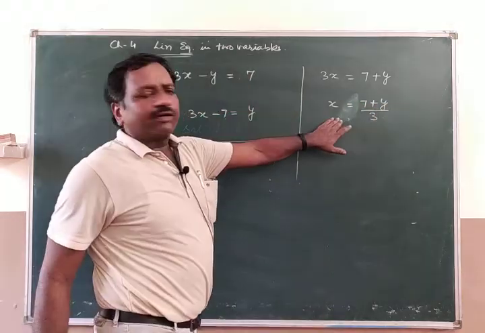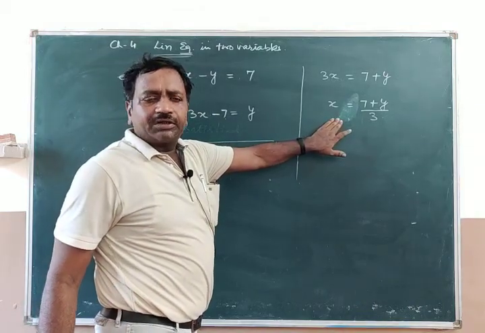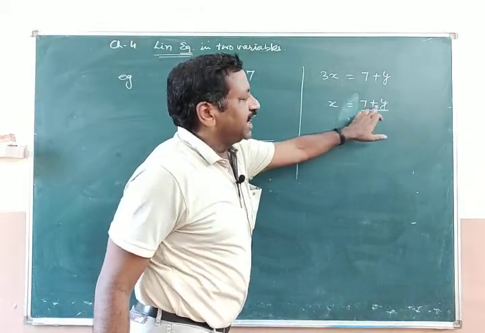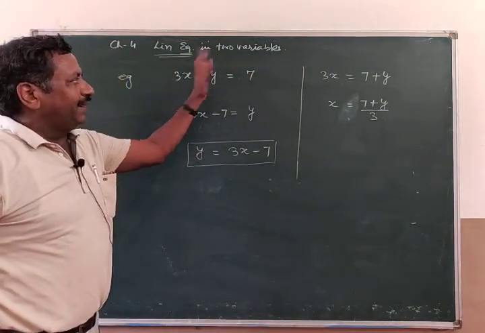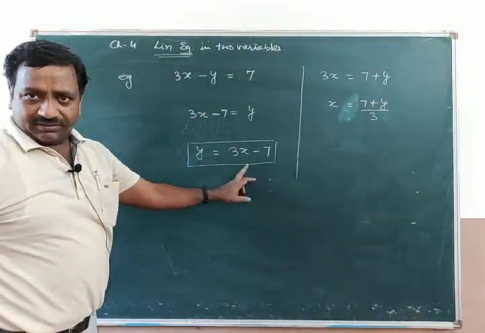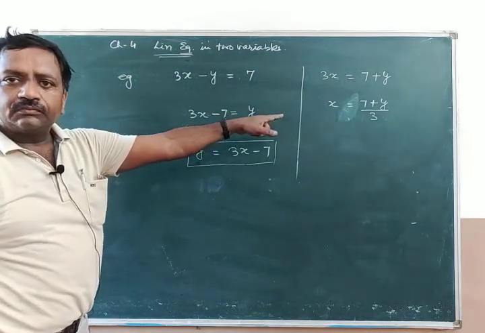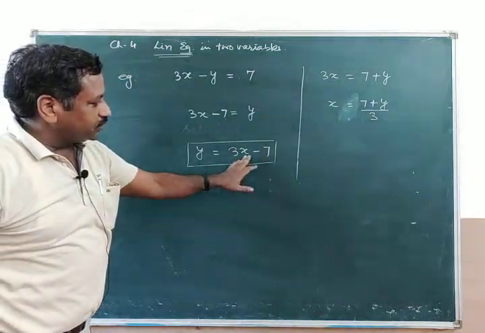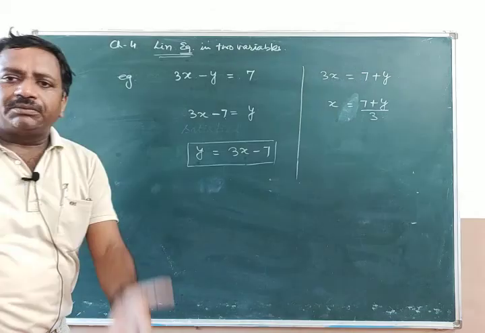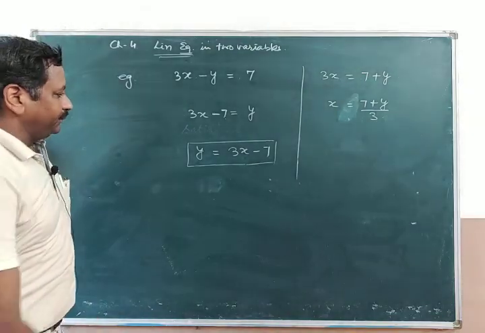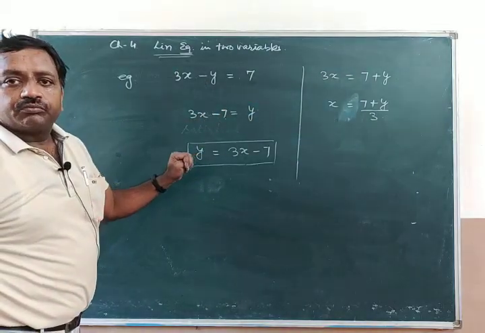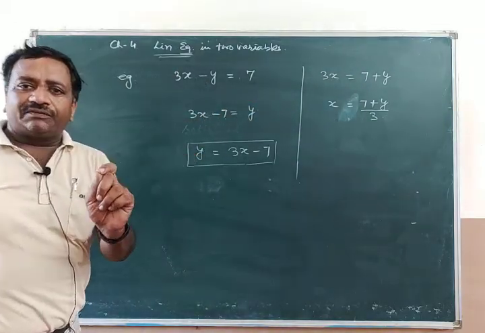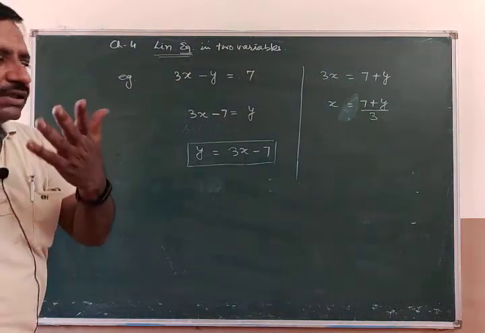But it is a little bit complicated because there is division also, addition also. But if I take 7 to this side, y to that side, it is easier than that. Only I have to change the value of x, I will be able to find out the value of y. So it is easier. Whichever is easier, take the value of that variable in terms of the other variable.